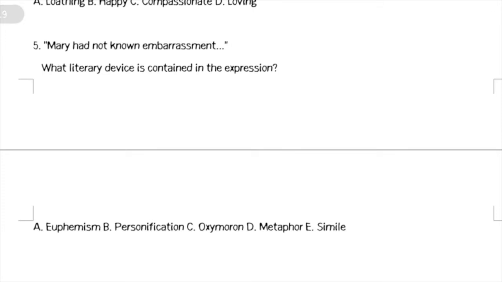Oxymoron refers to the use of contrasting words or ideas in a written text. So there's no contrast here. Personification refers to giving life to inanimate objects in writing or speaking. For example, the symbols are dancing.